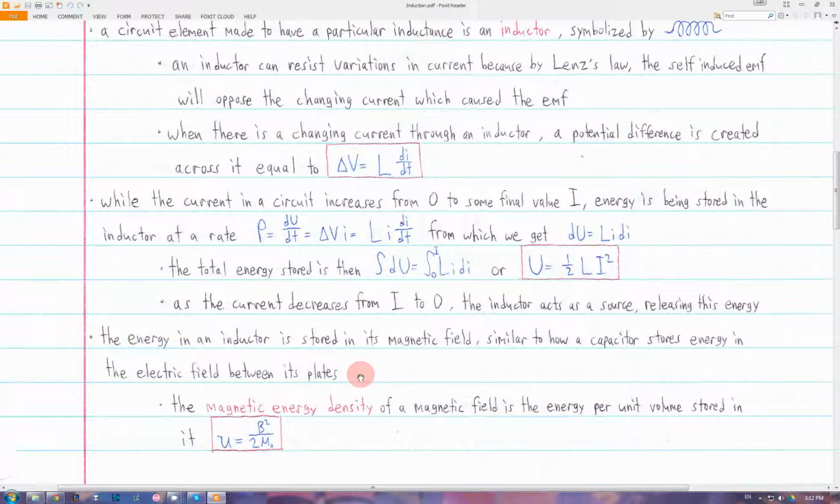So we can find an expression for the magnetic energy density of this magnetic field, which is the energy inside the field divided by the field's volume. So it's the energy per unit volume stored inside this magnetic field within the inductor. It's equal to B squared, where B is the magnetic field, over 2 mu naught, which is the permeability of free space, that constant.